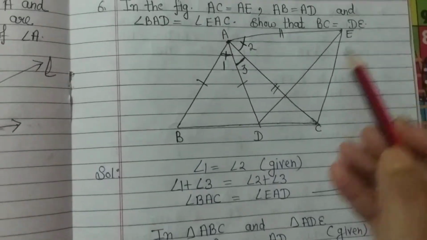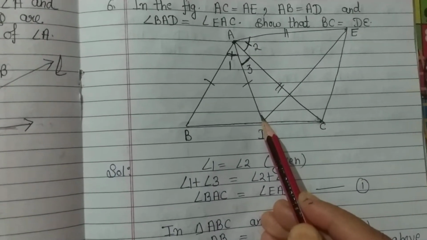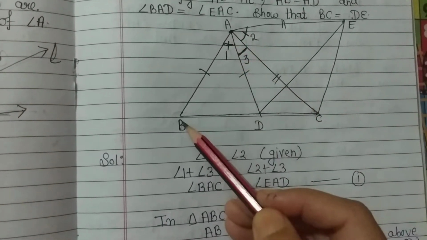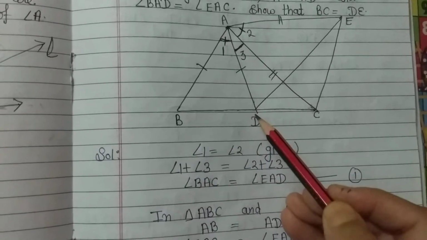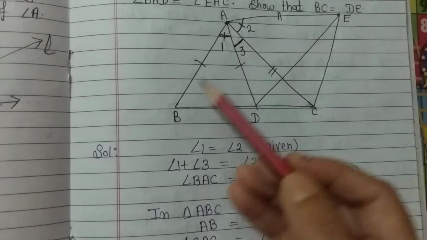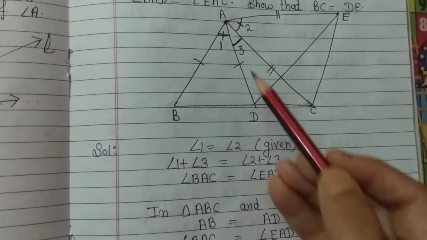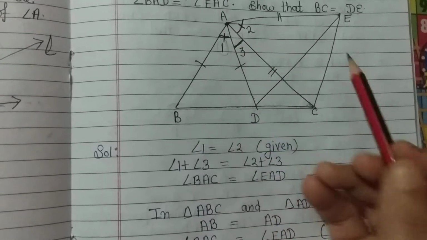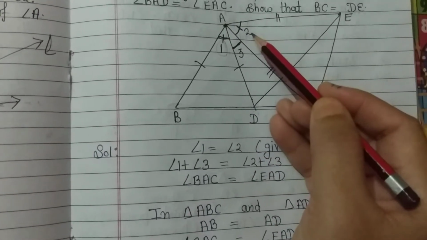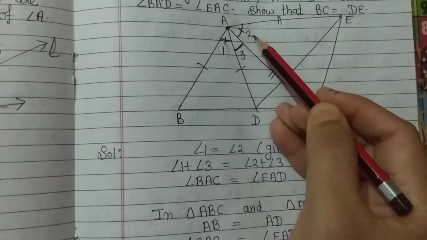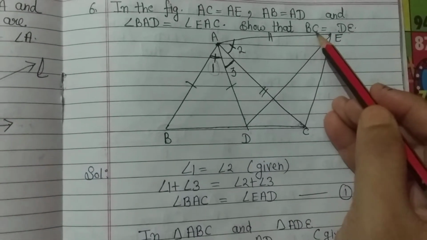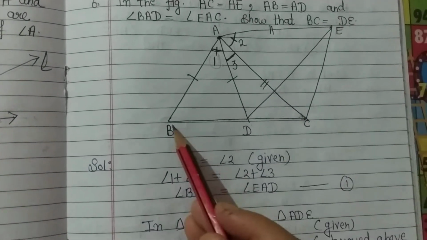Now, first of all, what is given in the figure? AB is equal to AD, AC is equal to AE, angle BAD means angle 1 is equal to angle EAC means angle 2. These three things are given equal, and we have to show BC is equal to DE.